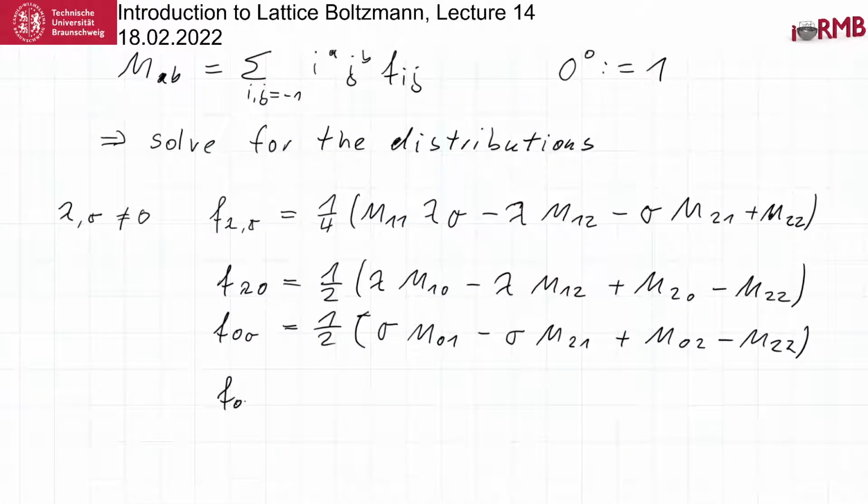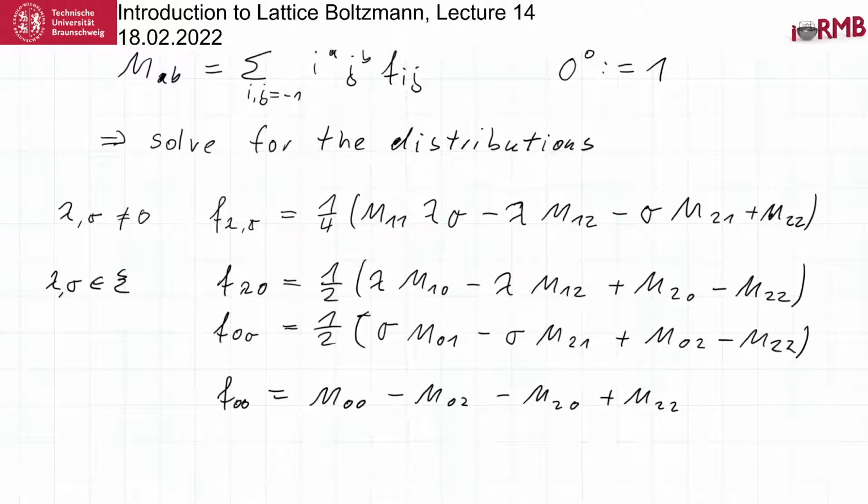And this f00 is m00 minus m02 minus m20 plus m22. So by setting lambda and sigma as elements of minus 1 and 1, you get all the 9 different distributions.